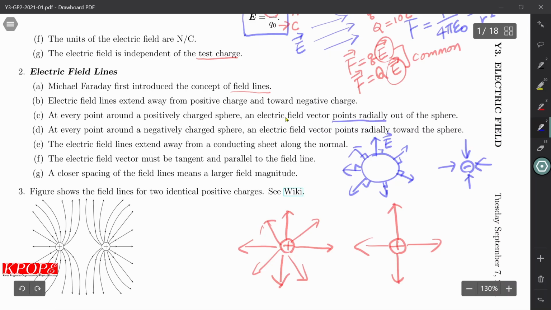This is a radial direction. D. At every point around the negatively charged sphere, an electric field vector points radially toward the sphere. Right? If it is a sphere, this is a positive and negative, then the field enters into the sphere.